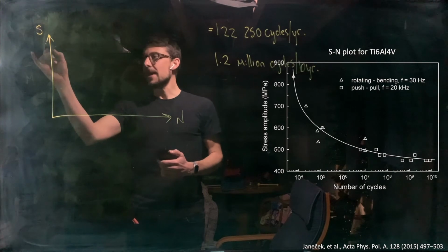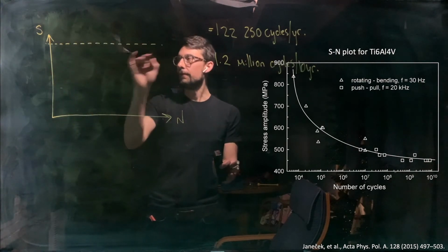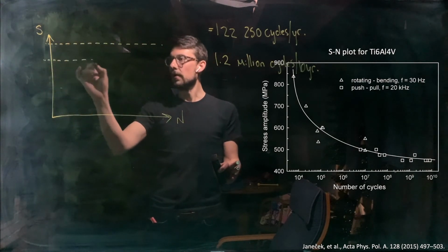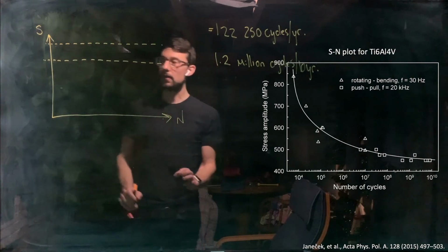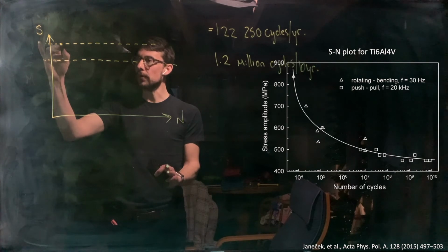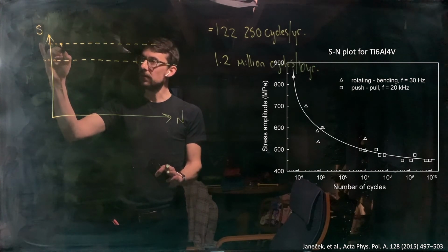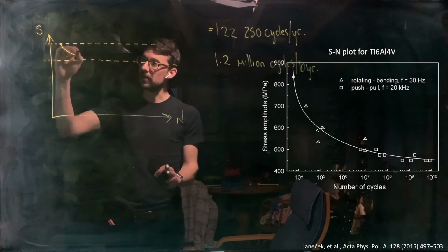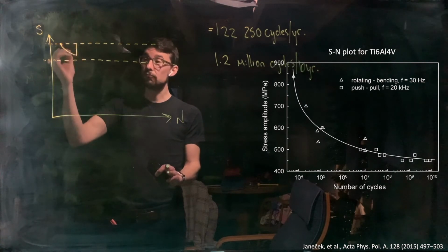You might expect a tissue like tendon to have a curve that's something like the following, where with increasing loading cycles, you get some material degradation, but you also have some repair going on.